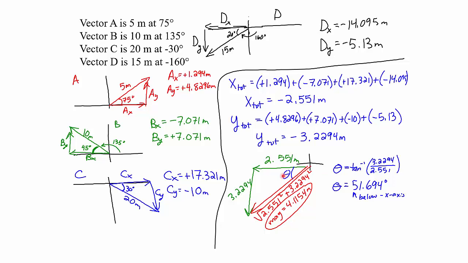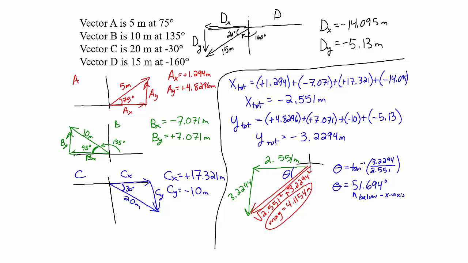So the inverse tangent of the tangent of theta was theta. And whatever I do to one side of the equal sign, I do to the other side. So the inverse tangent of 3.2294 over 2.551 is 51.694 degrees. And so that direction is 51.694 degrees below the negative x-axis.